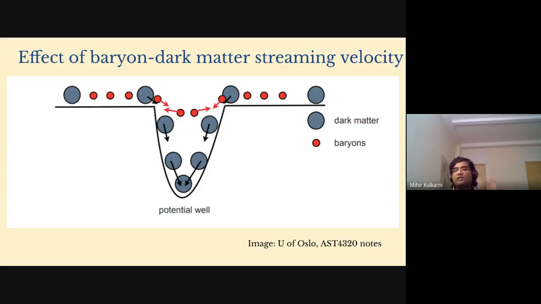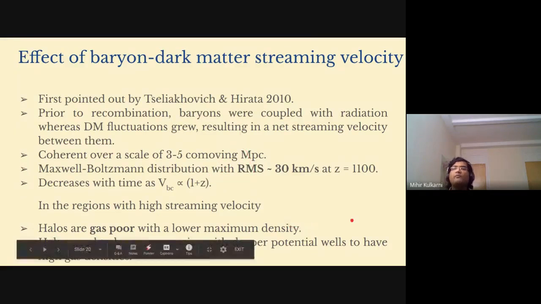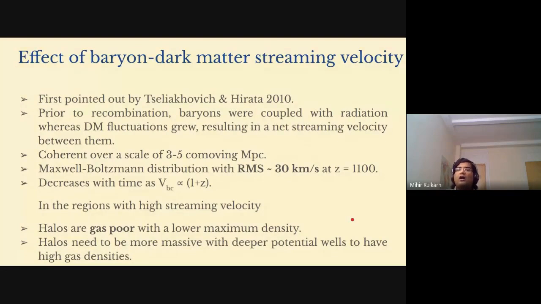So in some parts of the universe, baryons, that is normal matter gas, were running away from dark matter with a certain velocity. This is a phenomenon which you just get if you solve the cosmological perturbation theory, but it was first pointed out in 2010. And this net streaming velocity is coherent over fairly large distances.